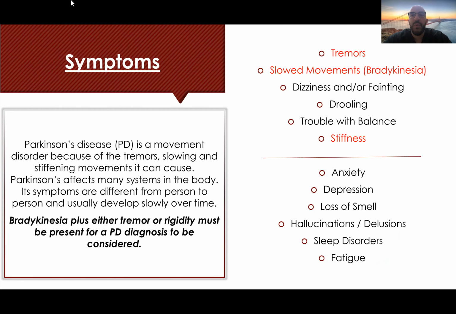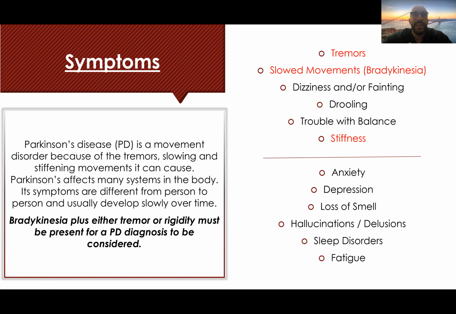So, what are the symptoms of someone who is suffering from Parkinson's disease? Well, on the last slide, we talked about what Parkinson's disease is, and it's essentially when there is no more dopamine or not enough being released from the brain to the rest of the body.